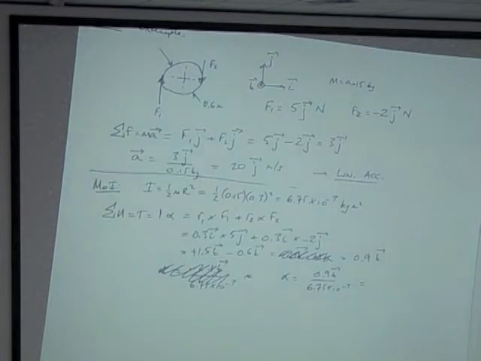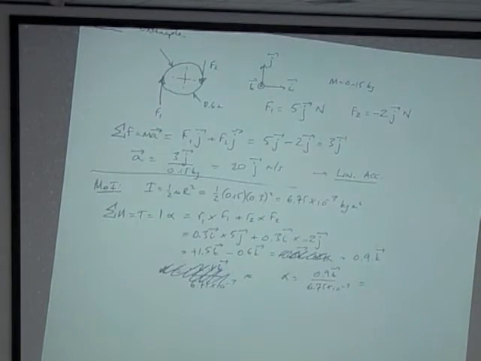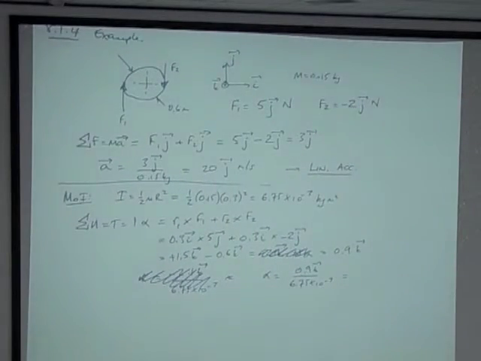Where's my trusty calculator gone? There it is. So we have 0.9 divided by 0.00675.